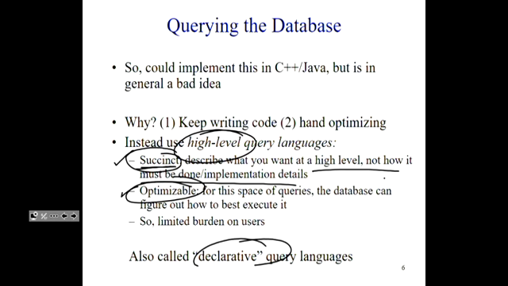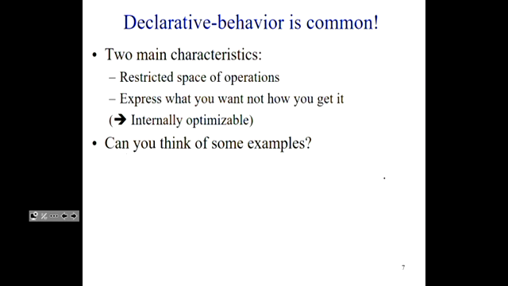Okay? So let's continue talking about this. The two main characteristics of high-level query languages are that there's a restricted space of operations, which makes it easy to optimize, and you express what you want, rather than how you want it to be found or how you want it to be executed.